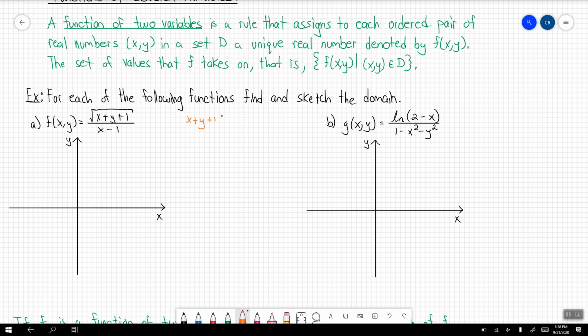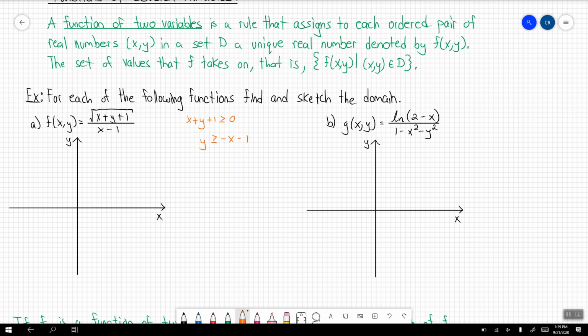So we're going to take that radicand and set it greater than or equal to 0. This will then give an inequality: y is greater than or equal to negative x minus 1.